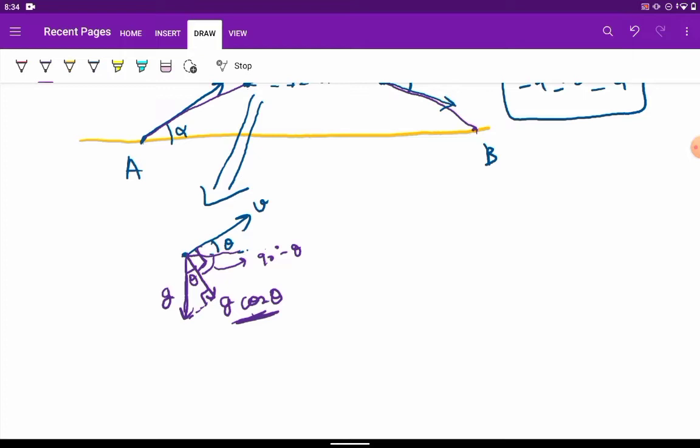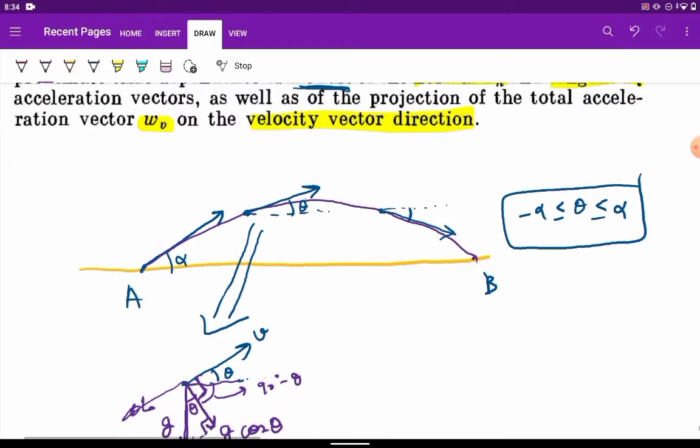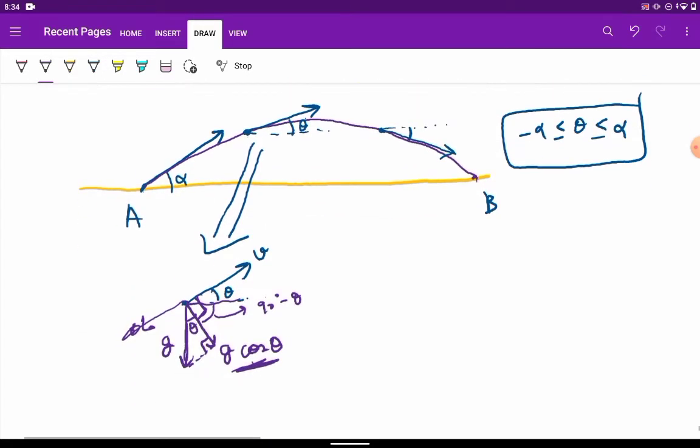What about the tangential? So what is the notation? Wn. This is your Wn. What about the tangential component? Only the magnitude we want right now, okay?